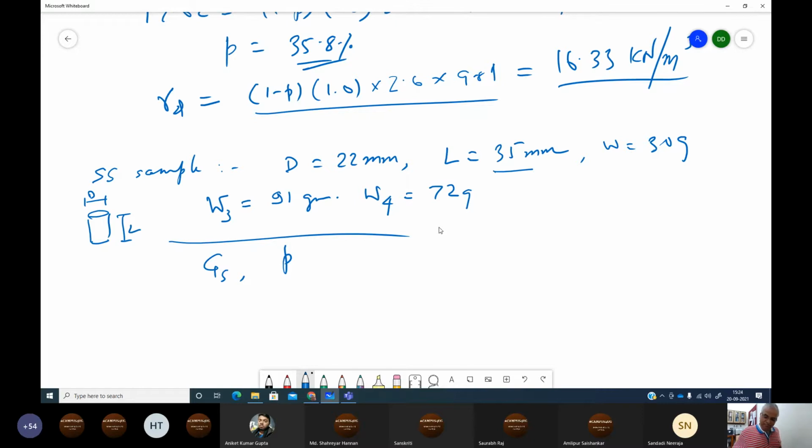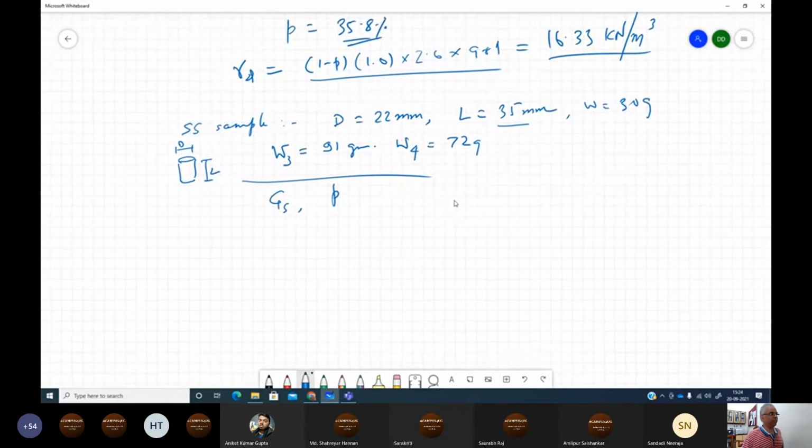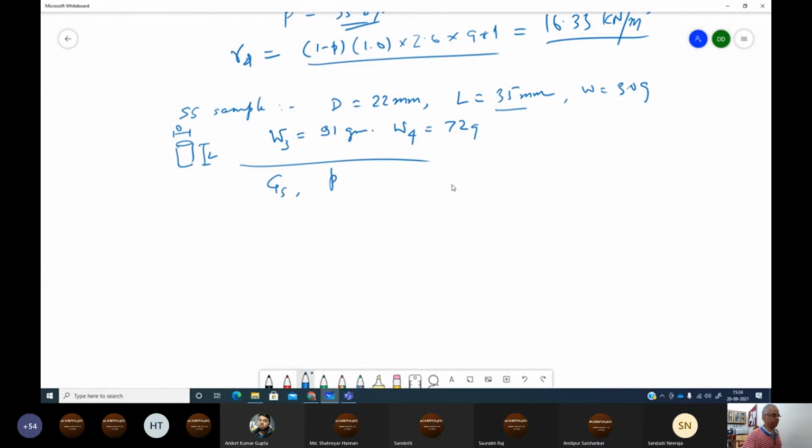See here, W1, whether it is there or not there doesn't matter, it will anyway cancel. You can consider it with W1. So can you do it or let me do it? Then it may be a little bit faster. I have to cover something.